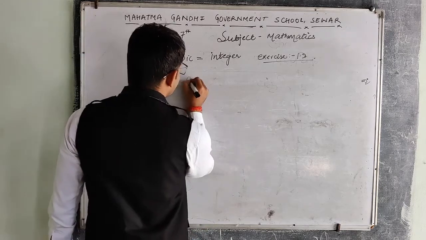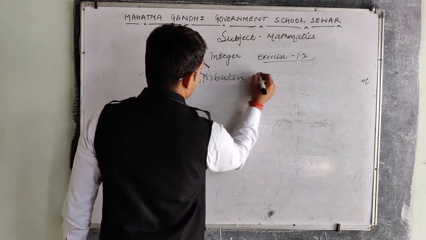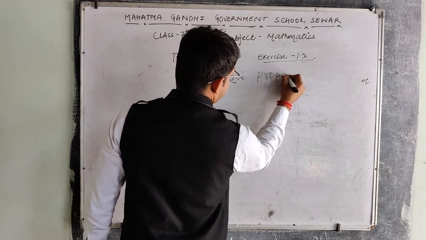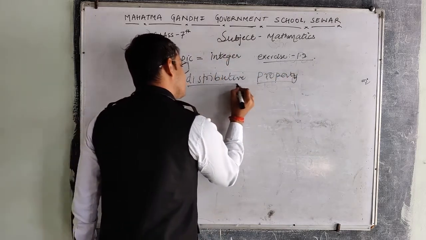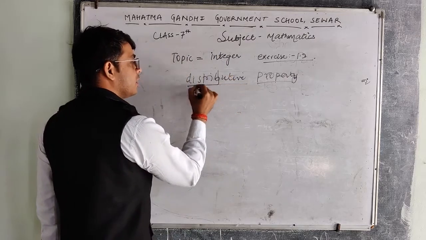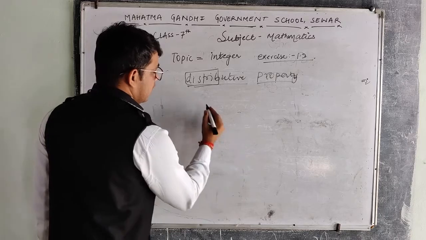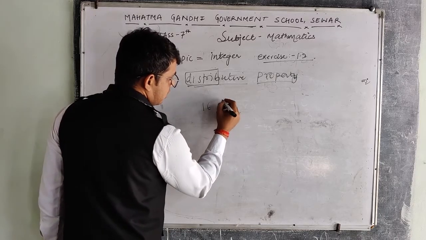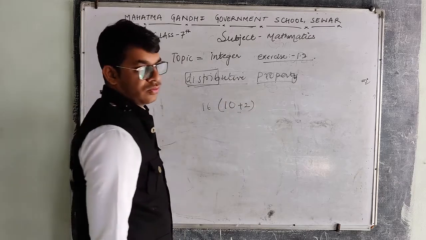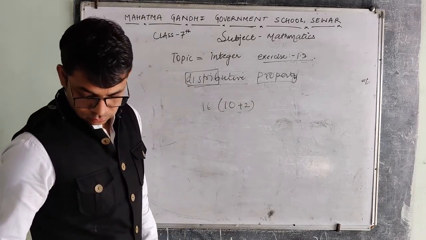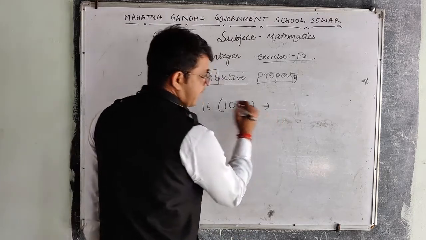Now we will see the distributive property. As the name suggests, distributive, it means that distribution of something is taking place. If I write 16 into 10 plus 2, how can we expand this?